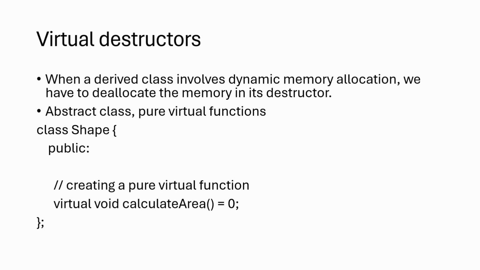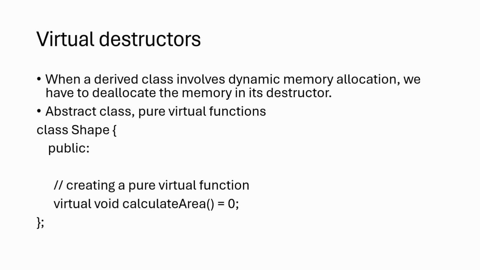In it, I've got a virtual function, but I've set it equal to 0. Now what this does is this makes this virtual method a pure virtual function, and it makes the shape class an abstract class. You cannot have an instance of the abstract class because once you try to do that, the compiler is going to complain that I don't have an implementation for calculate area.